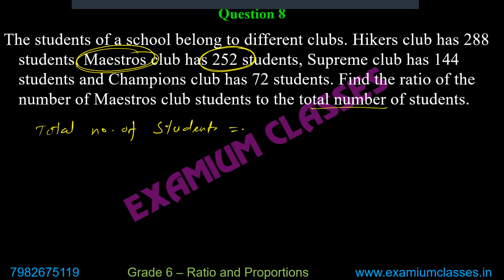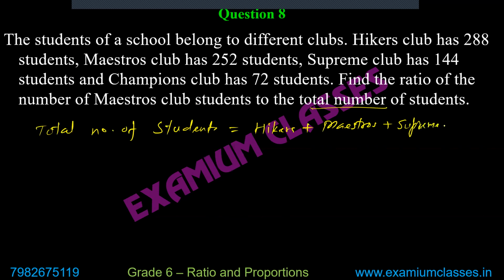So the total number of students will be Hikers plus Maestros plus Supreme plus Champions. So it will be 288 plus 252 plus 144 plus 72.